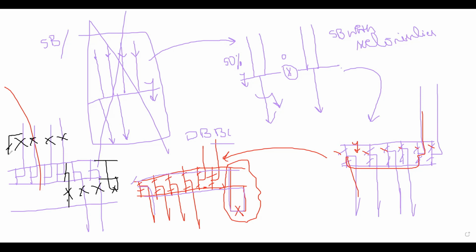We are bypassing this isolator breaker and connecting to here. In all cases we are doing the same. All breakers are bypassed and connected to this bus. Similarly here also, bypassing the isolator and connecting to here.